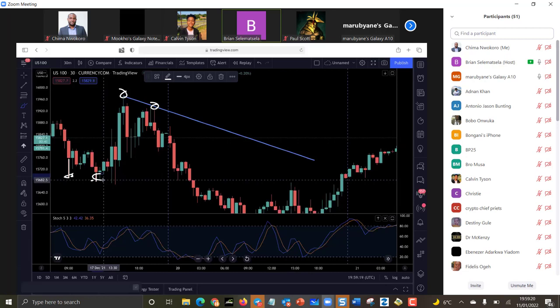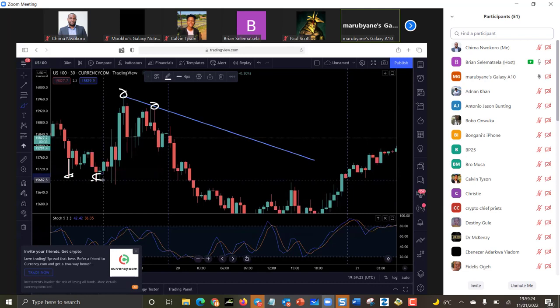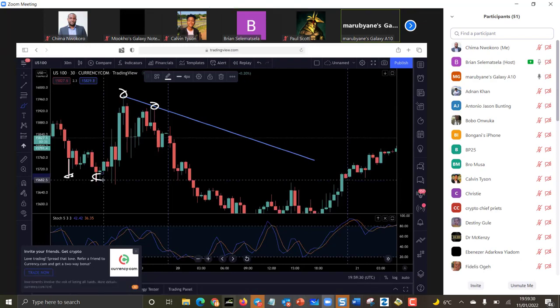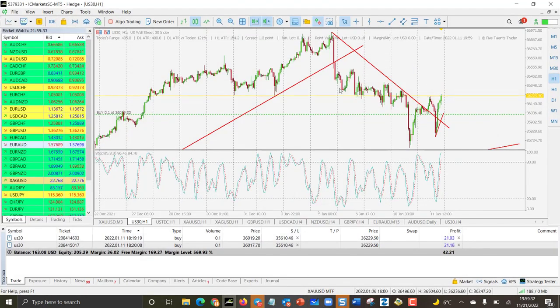The last one, when coming to search for the footprint on the chart, maybe you go through the chart.